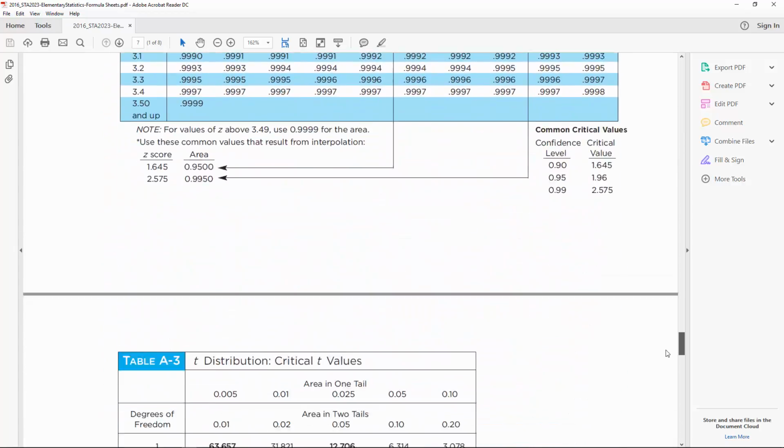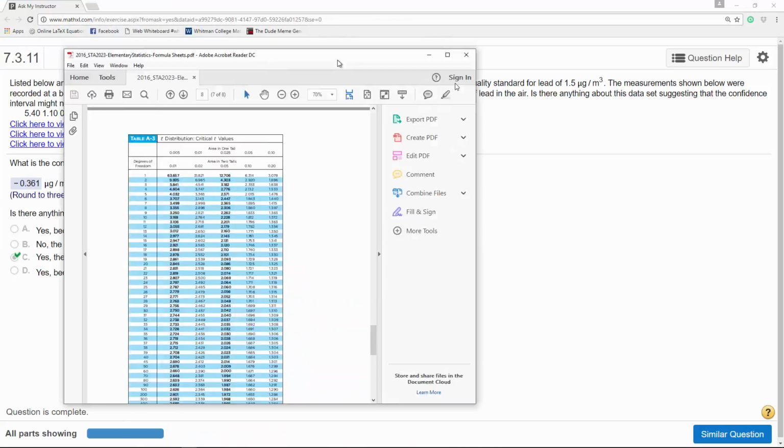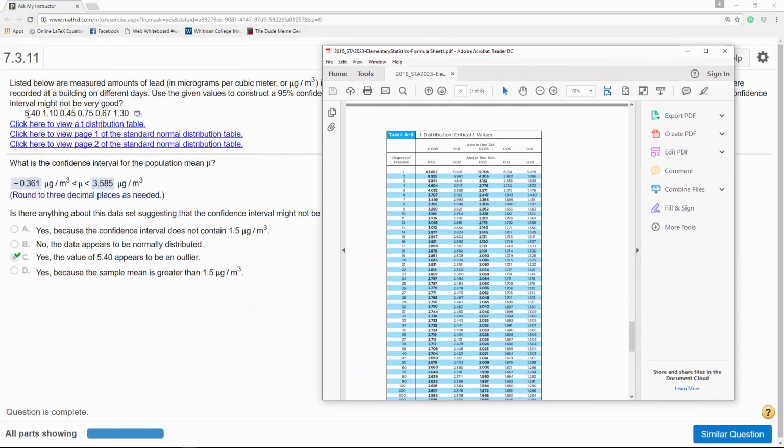So there's the z, here's the t-table. And what you do is you count the number of values. So there's 1, 2, 3, 4, 5, 6, and you do one less. So your degrees of freedom is one less. So the degrees of freedom would be 5, okay, because there were 6 of them here.